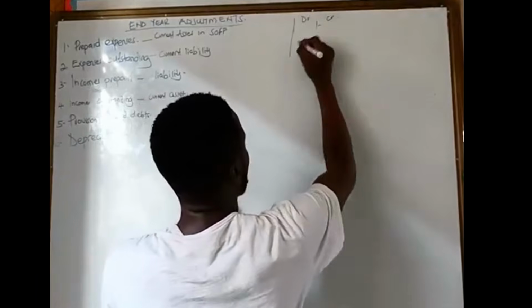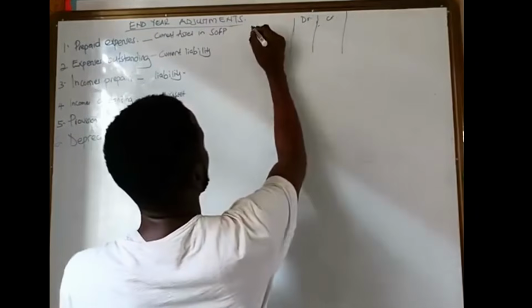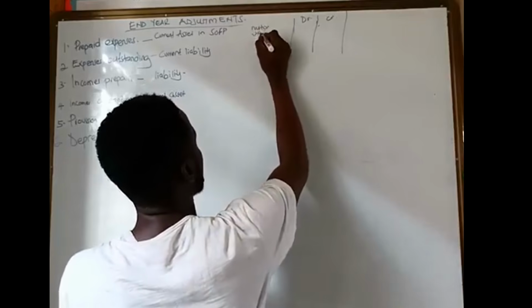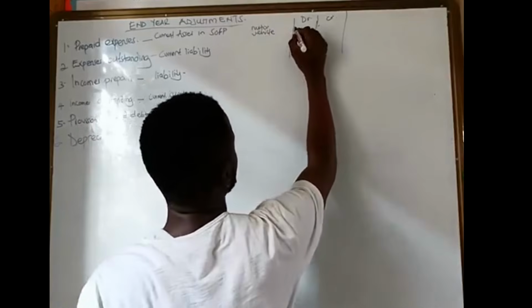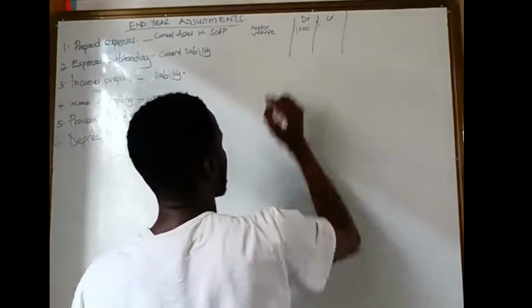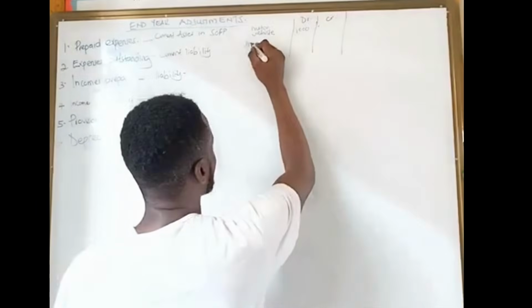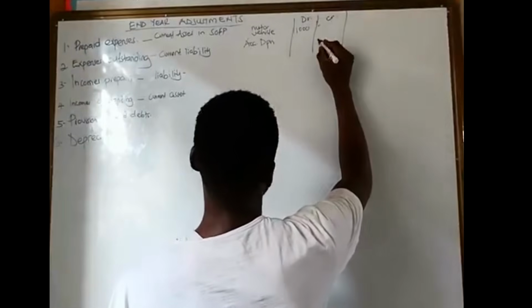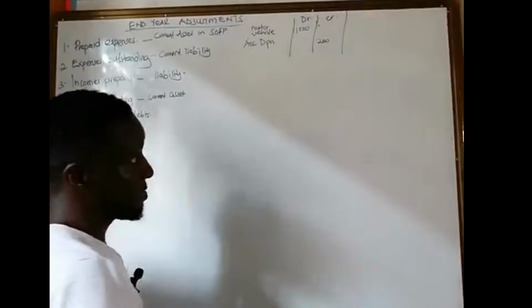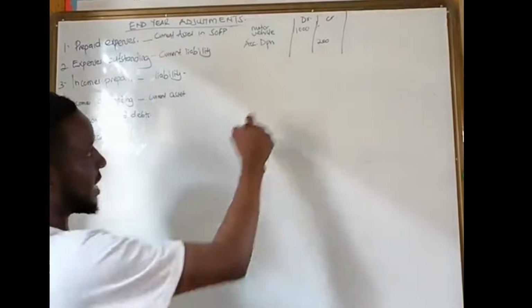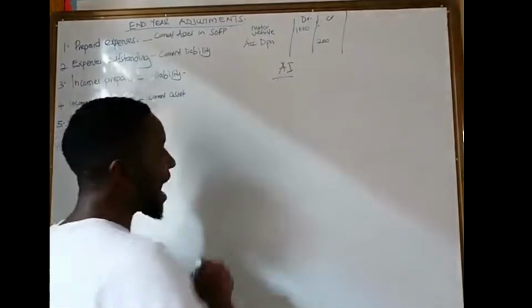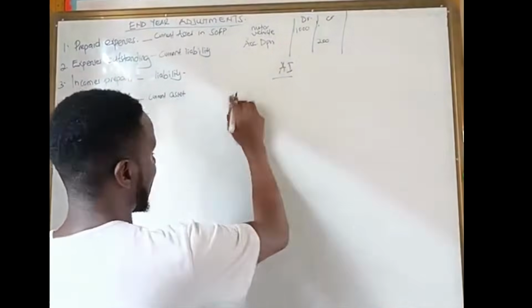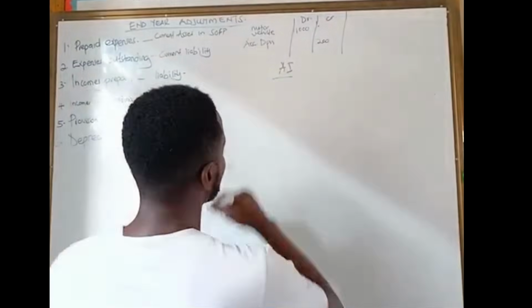We shall have, this is our trial balance. We have a motor vehicle. So motor vehicle is an asset, so that means we shall have here 1,000. Then, we can also have accumulated depreciation, by the way. And let me say it is 200. You see? And then they tell you in additional information, and I'm going to actually give you two examples how it's supposed to be done.